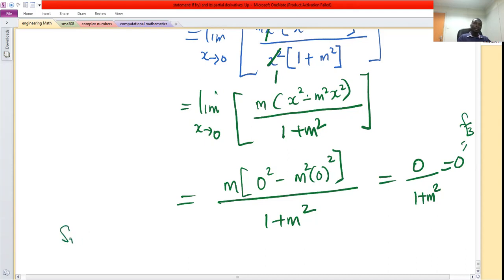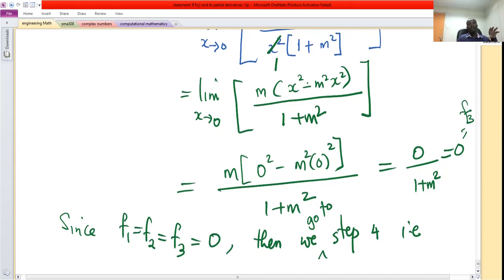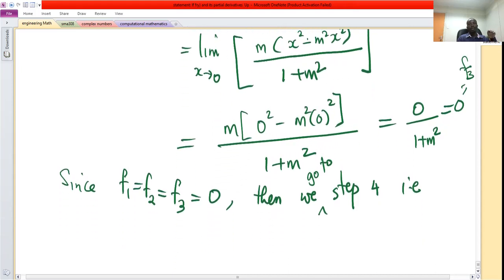Also, since f1 equals f2 equals f3 equals 0, then we go to step 4, the last step. Step 4 is whereby you approach the origin through the parabola y equals mx squared.